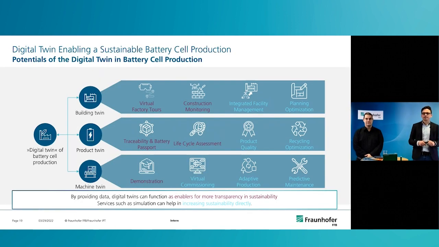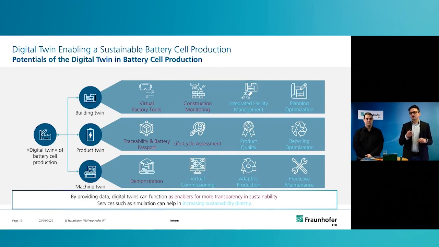And so what we did here is that we wrote down a first overview of possible use cases for each of these twins. And I will just point out one or two examples, because we can show some more examples later.